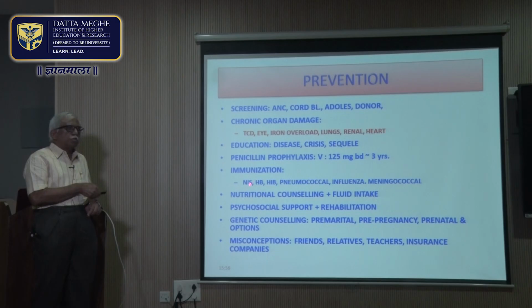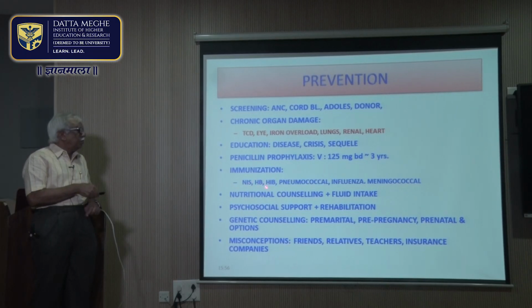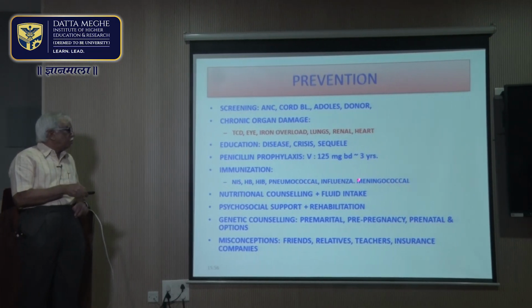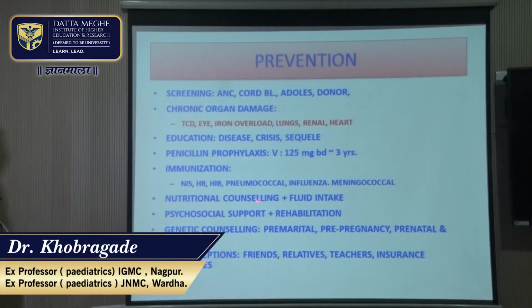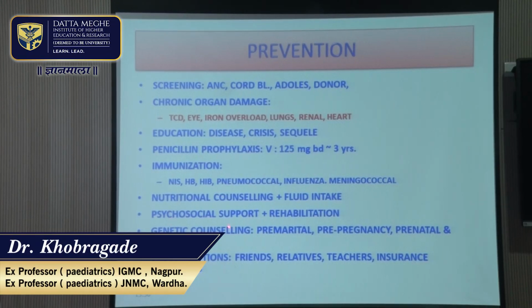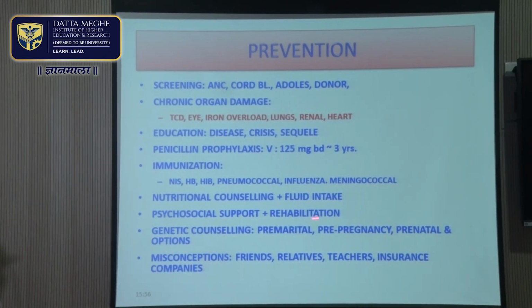Immunization: the national immunization schedule has to be followed. Hepatitis B, Hib, pneumococcal, influenza, meningococcal and even salmonella, the typhoid organisms. Nutritional counseling and fluid intake, psychosocial support and rehabilitation are very important.